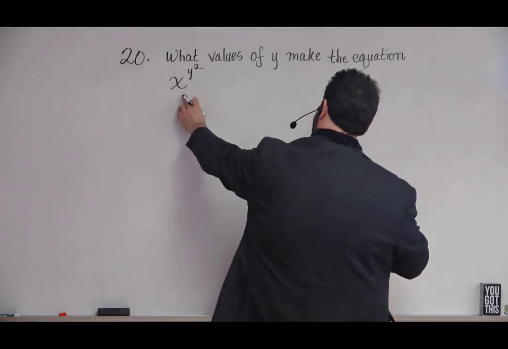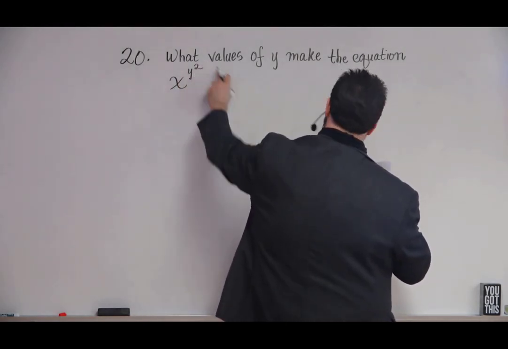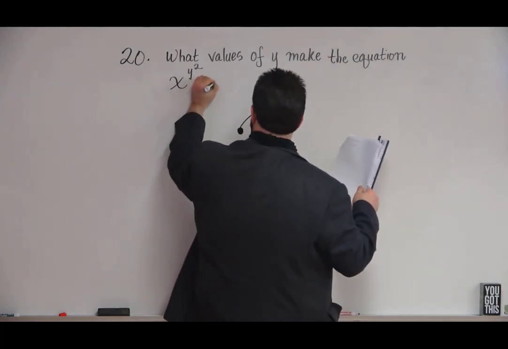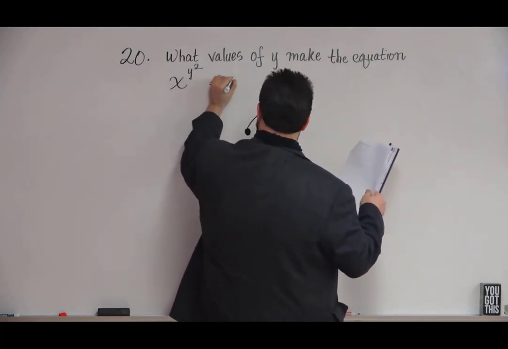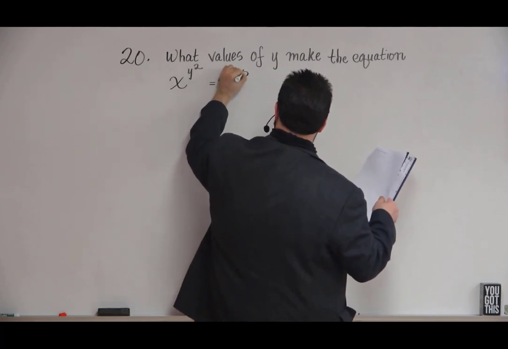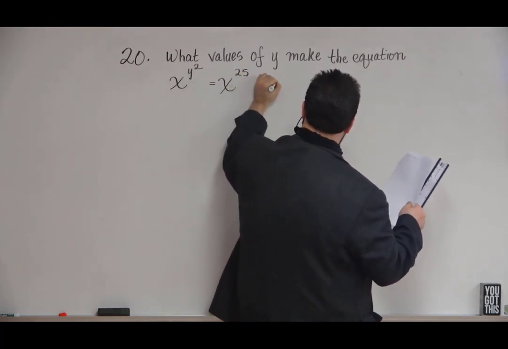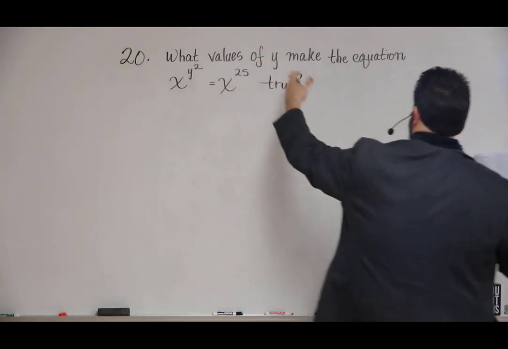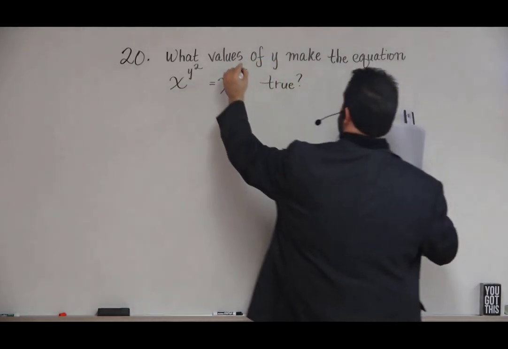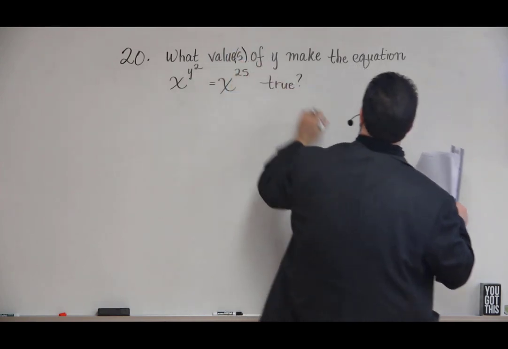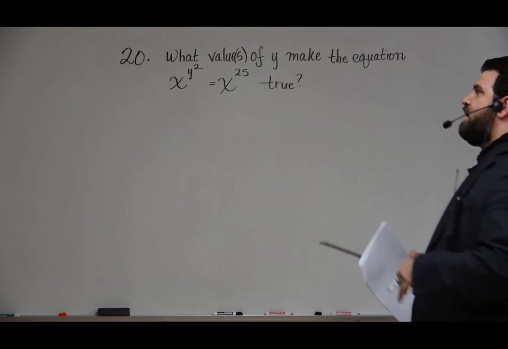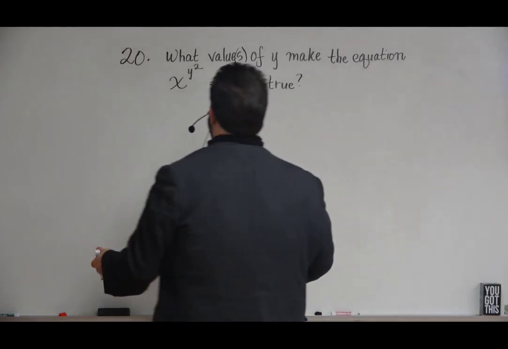Wow. So you've got x raised to the power of y raised to the power of 2 equals x raised to the power of 25. And then the final part of the sentence is true, question mark. So what values, okay, could be multiple values of y make the equation x raised to the power of y squared equals x raised to the power of 25 true?